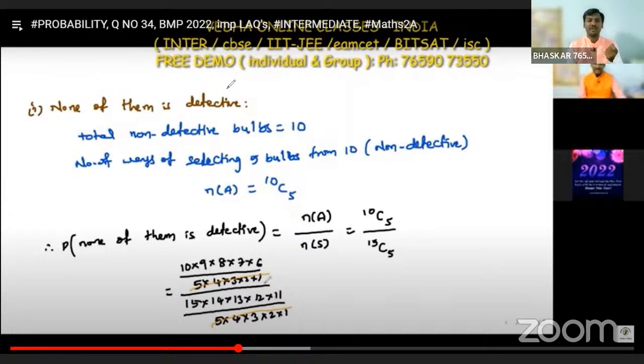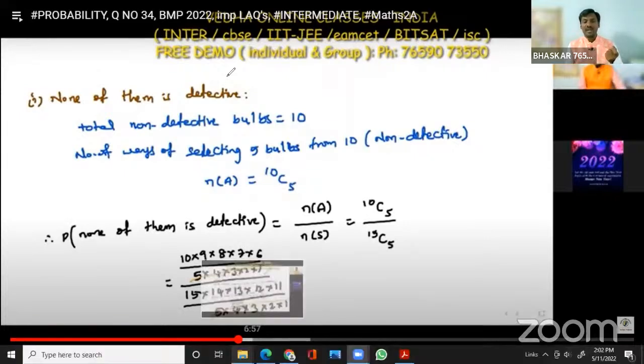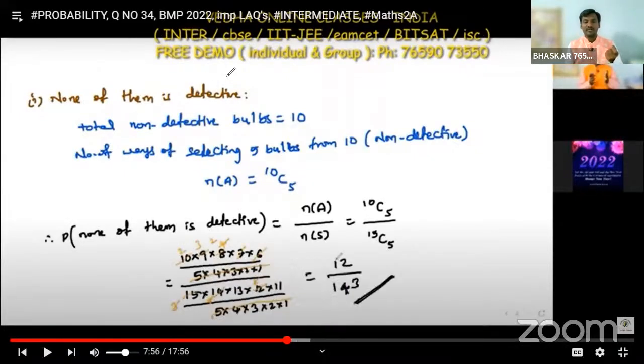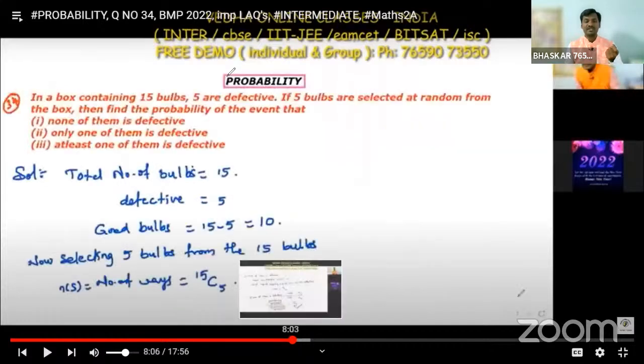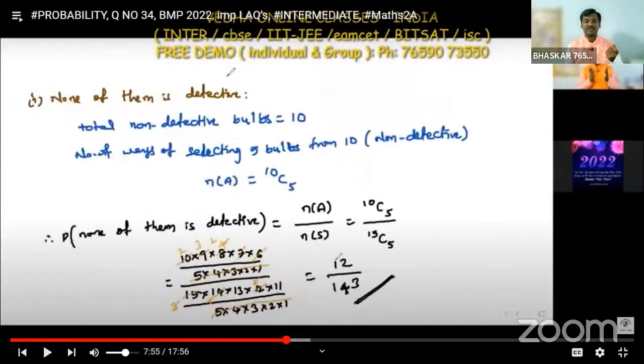We can cancel the 5 factorial in both numerator and denominator, and after cancellation we get 12 divided by 143.